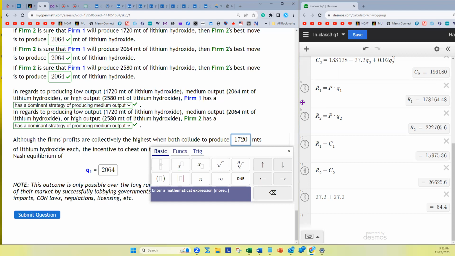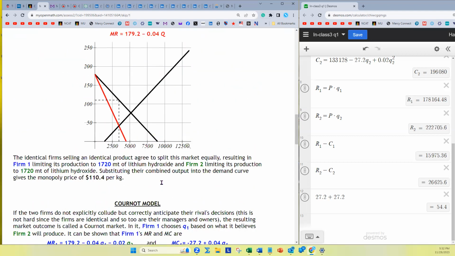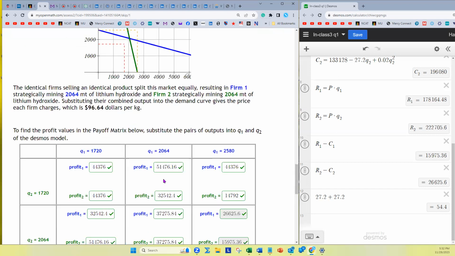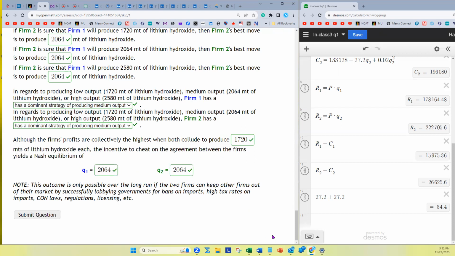They can use government to protect their cartel. And it looks like we got everything correct. All right. So that's game theory as it relates to an oligopoly. In this case, a duopoly, a very small number of firms, 2.